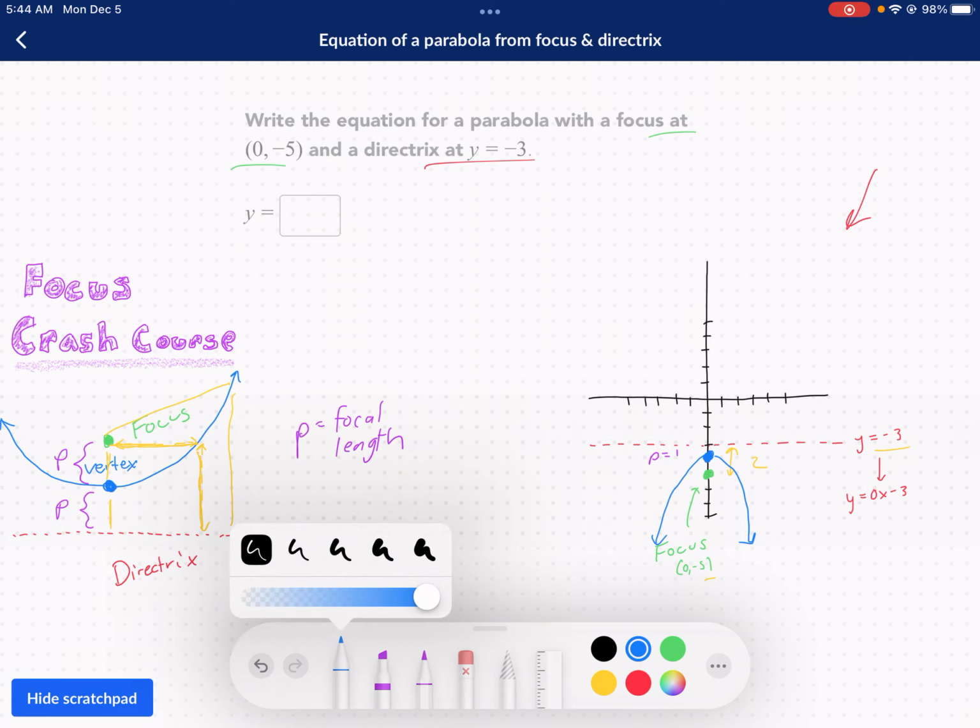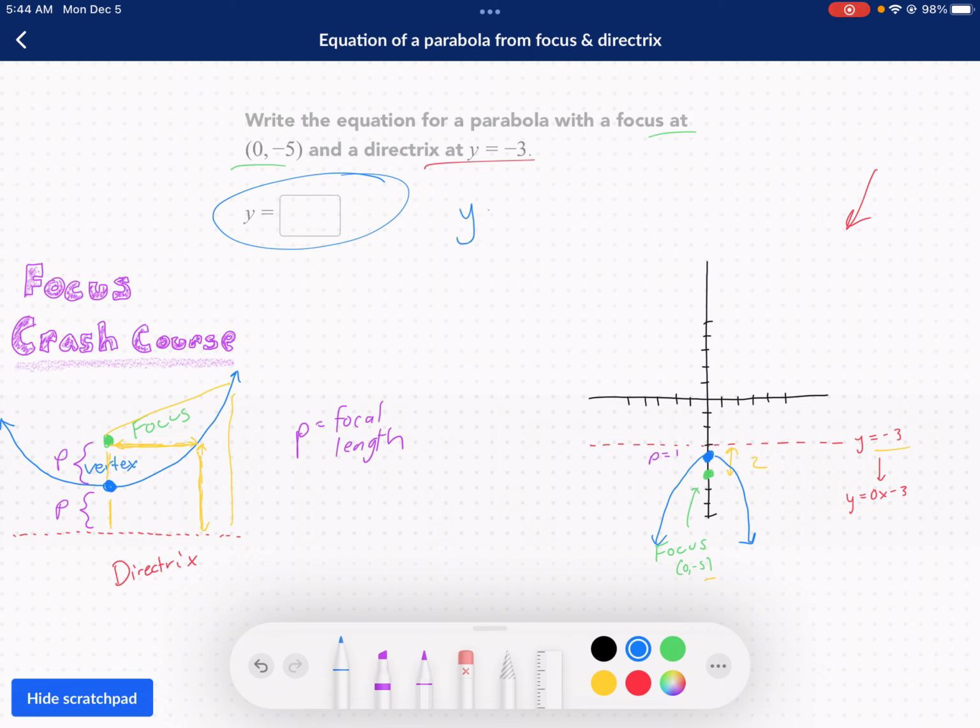We have our equation boxed right up here, and we're going to use the base form, which is y equals, in vertex form, a times x minus h squared plus k. This h and k belongs to the vertex. So our vertex point h, k, that's our vertex.